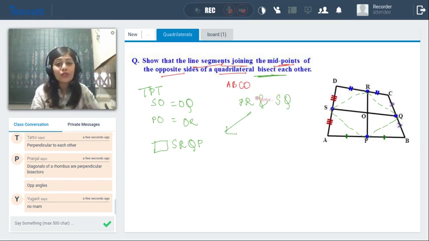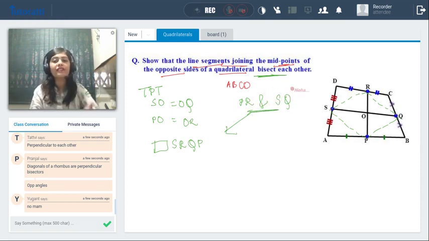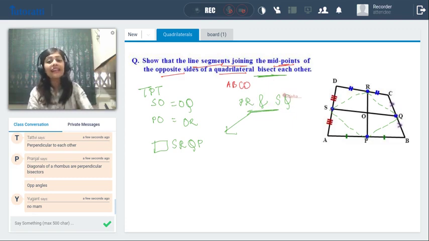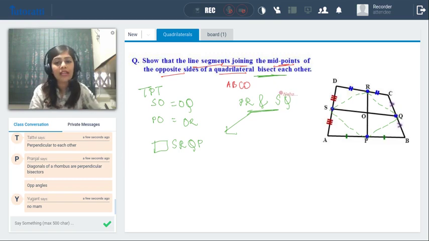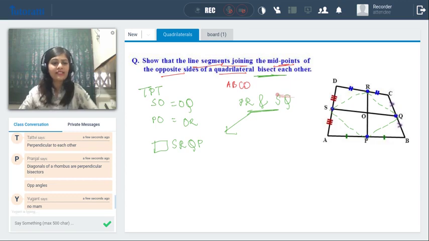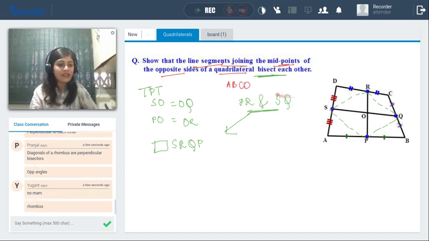Now, if I need to show diagonals of a quadrilateral bisect each other, then what is that quadrilateral called? Students, if diagonals of some quadrilateral bisect each other, then what is the special name of that quadrilateral? Is it a parallelogram, rectangle, square, rhombus, trapezium? Okay, diagonals bisect each other, it becomes a rhombus.